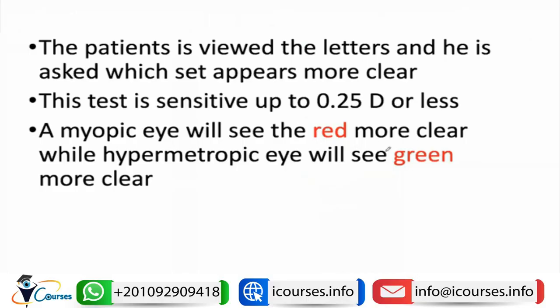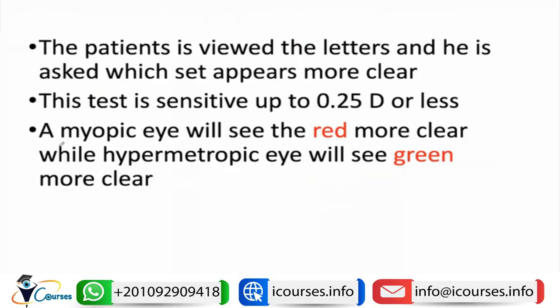This test is very sensitive, even up to 0.25 diopters. So we can increase and decrease refraction in increments of 0.25 diopters if the patient says that the Snellen chart appears brighter or less bright on either of the colors.